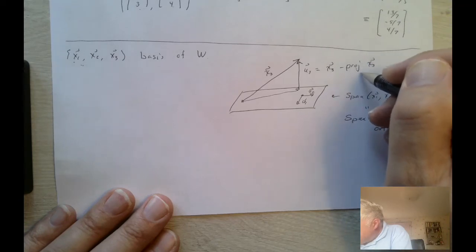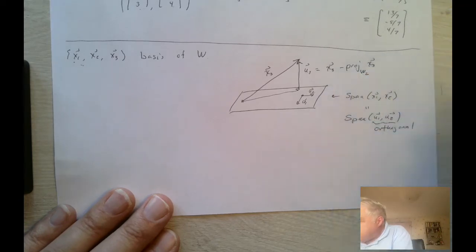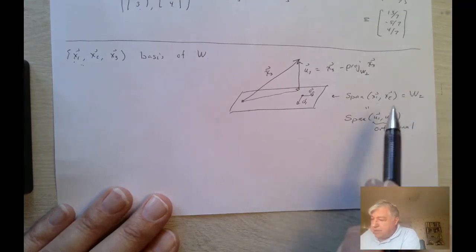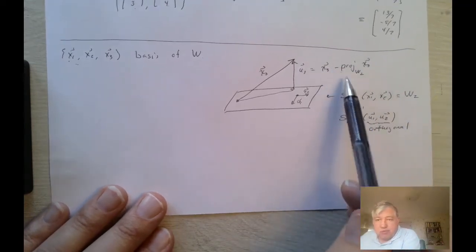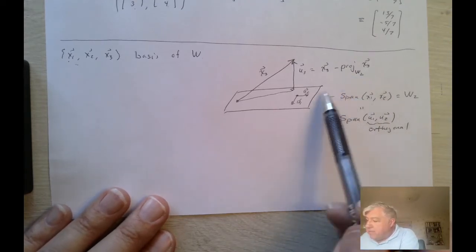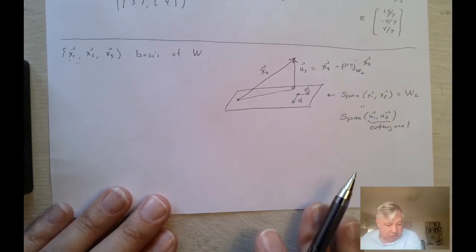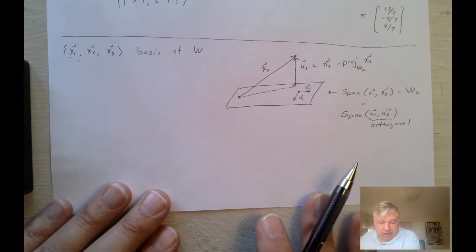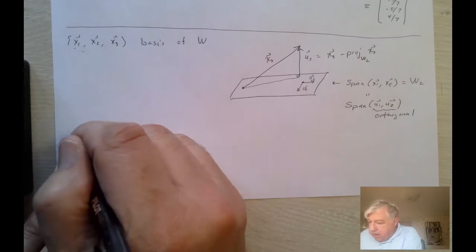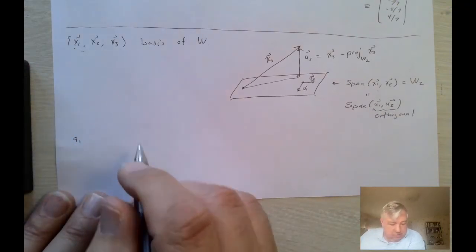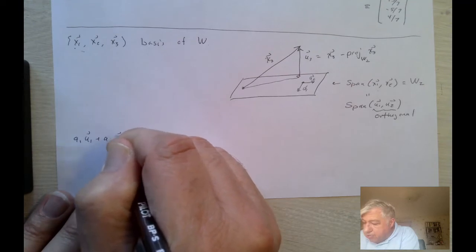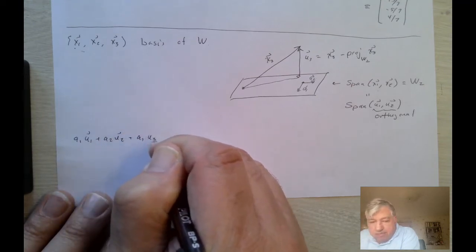x3 into this. We'll call this new subspace w2, where this subspace right here is going to be a linear combination of u1 and u2. Right. So to show you why this would work, if we take an arbitrary linear combination of the u's, let's say a1 u1 plus a2 u2 plus a3 u3.